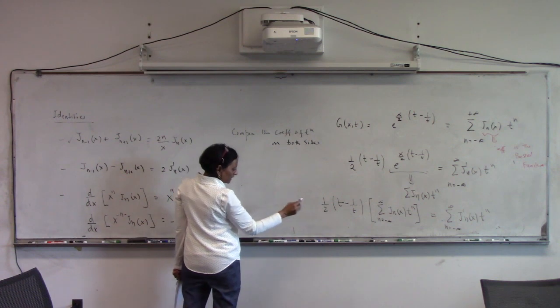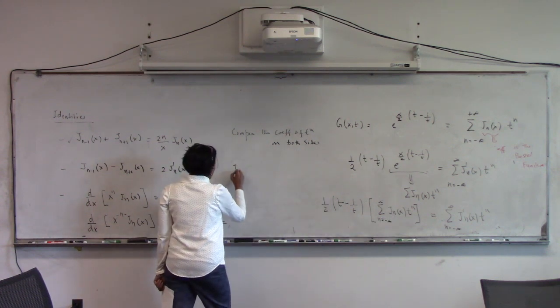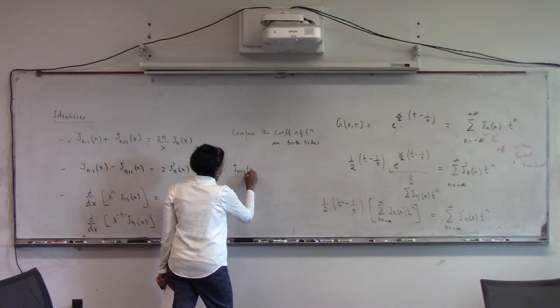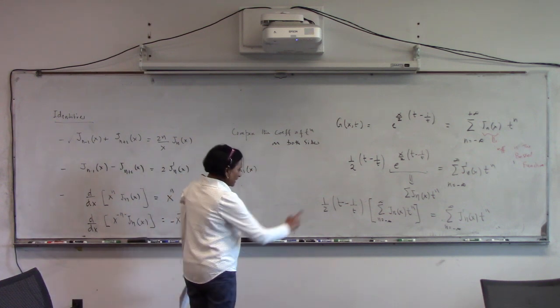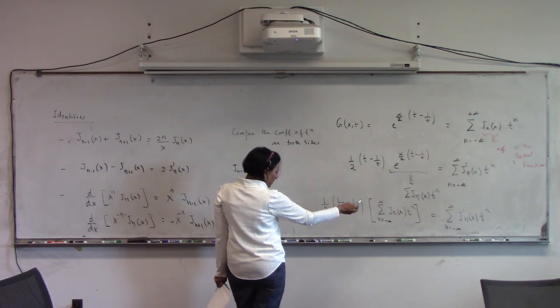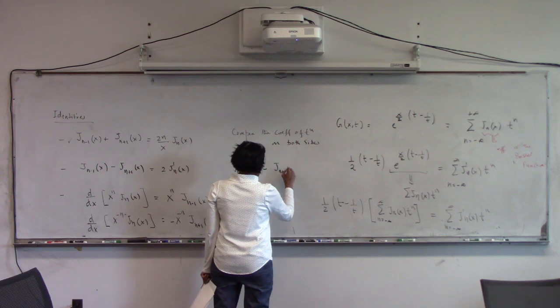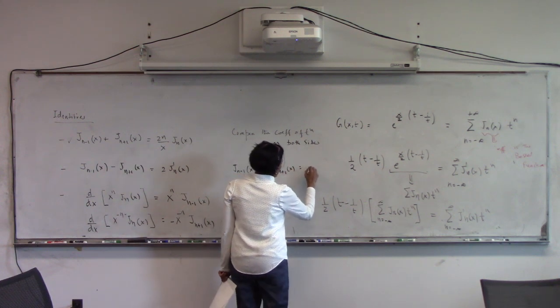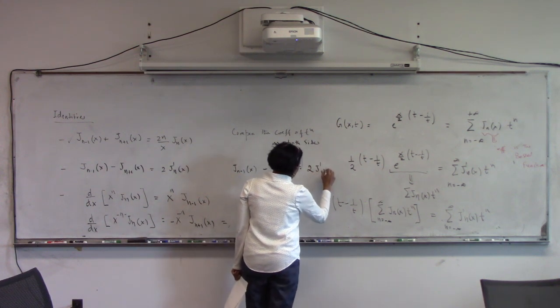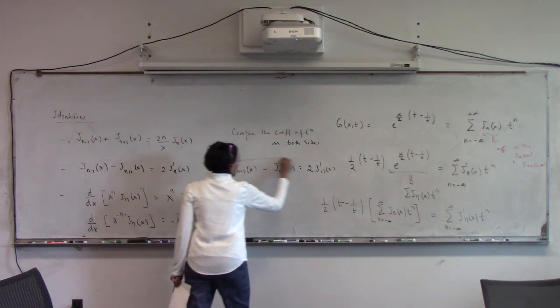I had to make this become t to the power n plus 1, so I had to make j of n minus 1 x, right? That would be the term. Half I've already taken to the other side, and that is t to the power n minus 1. So I have negative j of n plus 1 x. That's what I think I have to get.